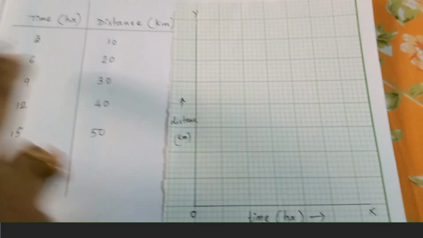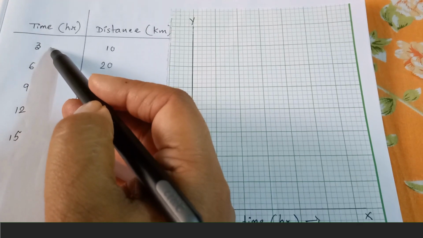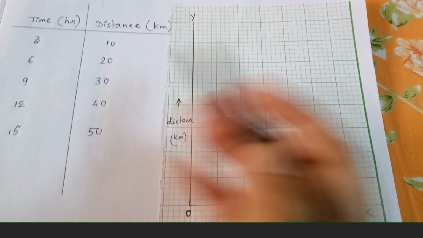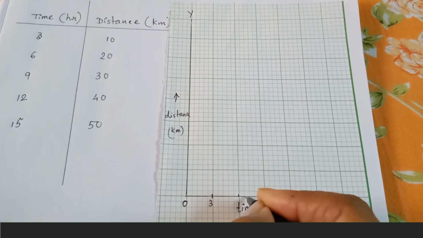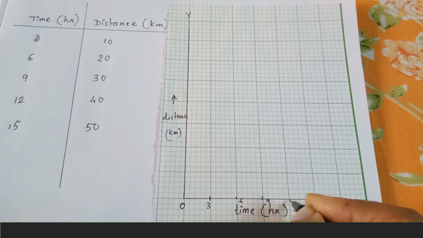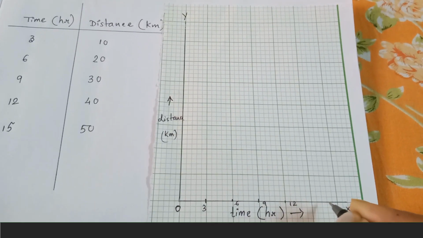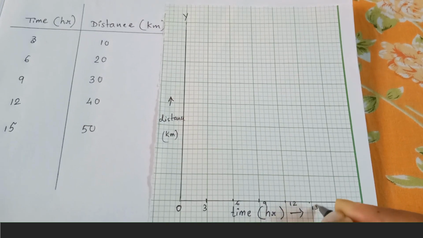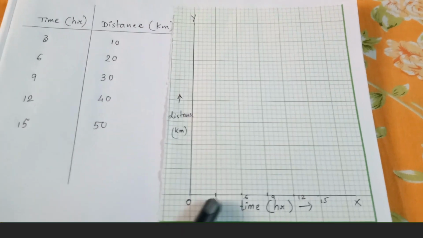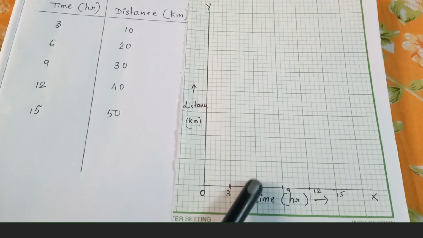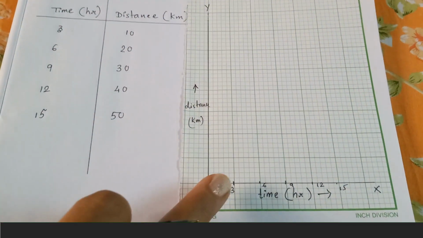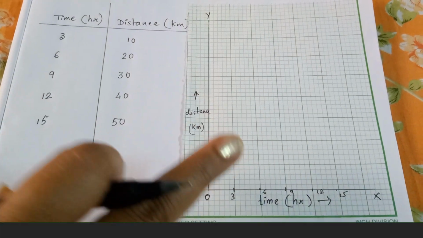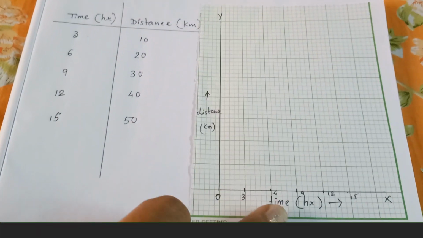Now as the data given, time is 3 hour, then 6 hour, 9, 12 and 15. I am plotting that 3, 6, 9, 12 and 15. So you see, in the previous one I have taken this distance as 5, 10, 15, right? So you have to see what is given to you, and accordingly as convenience you have to plot it.